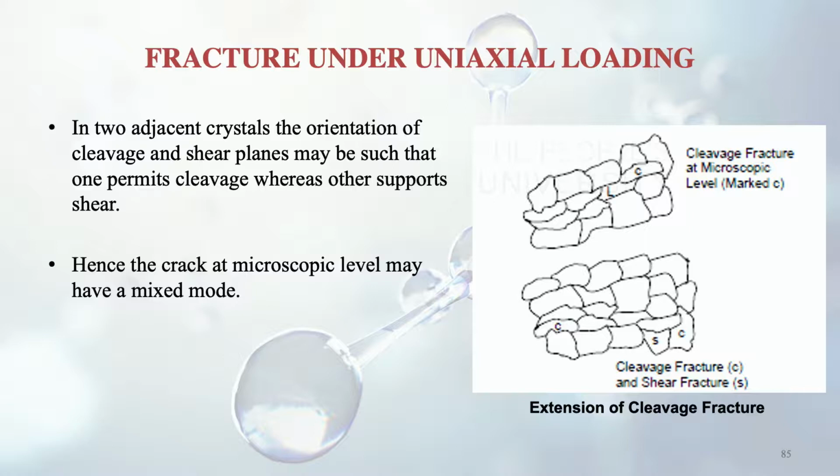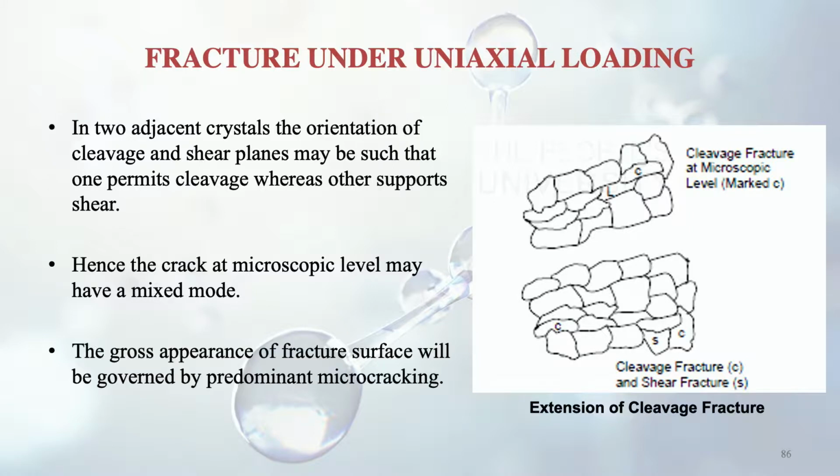Hence the crack at microscopic level may have a mixed mode. The gross appearance of the fracture surface will be governed by the predominant micro cracking. Here you can see in the figure the cleavage fracture and the shear both shown. Depending upon which is more predominant, accordingly the shape of the crack will be formed.